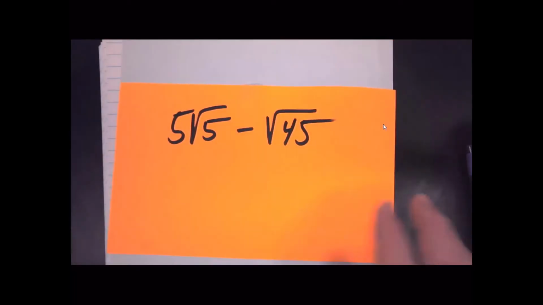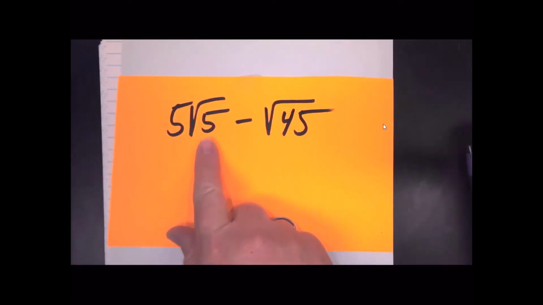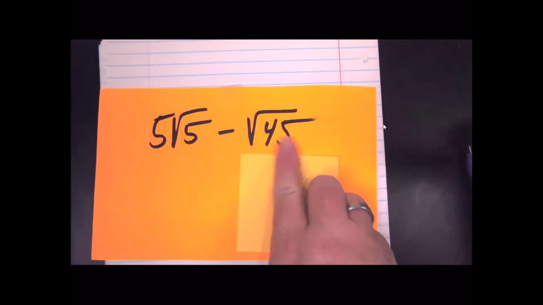What do you do with subtraction, but yet the two numbers underneath the radical are not alike? Well, let's see. Can I do anything with the square root of 5? I can't. Can I do something with the square root of 45? So I'm really working on my simplifying tricks here.